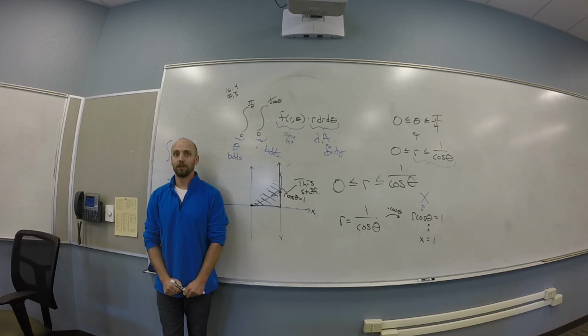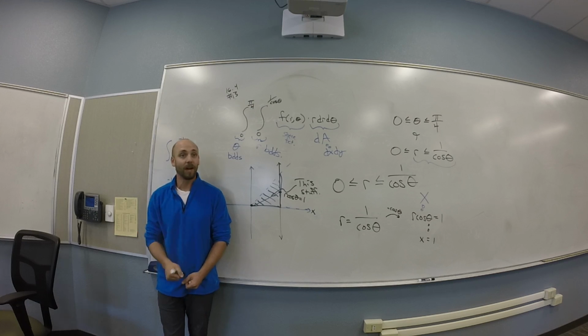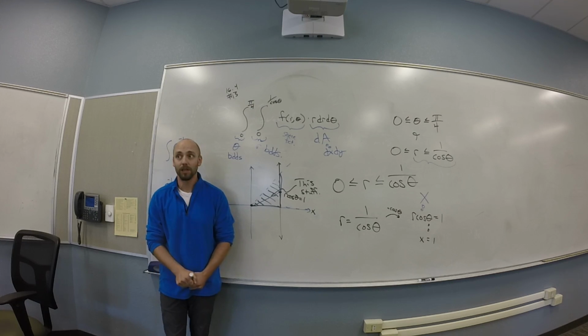I really put the x in there for me. It has nothing actually to do with the problem. That is simply me noticing that I do in fact know how to graph r cosine theta equals 1. Does that make better sense?